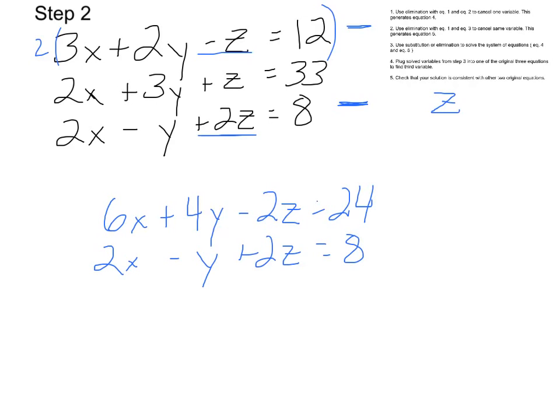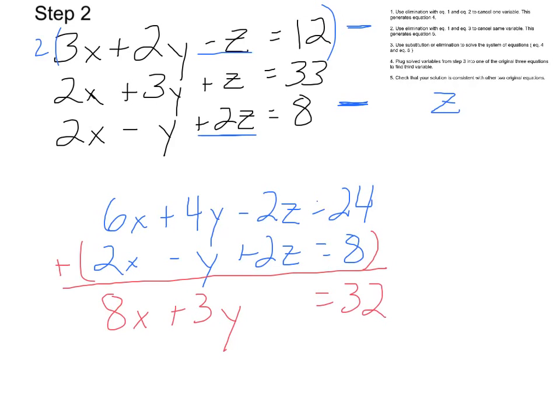When we use elimination, we're going to add these 2 equations together, and we get 8x plus 3y equals 32. And this is equation number 5.